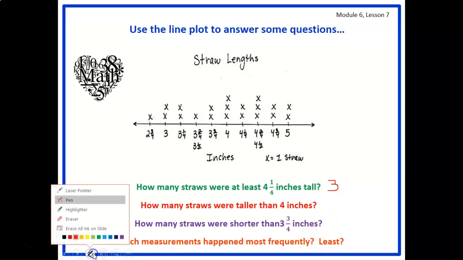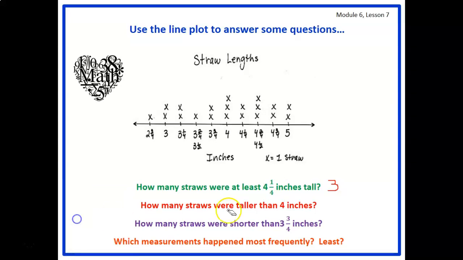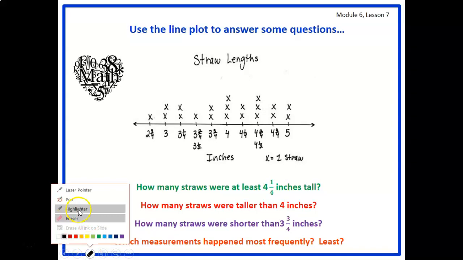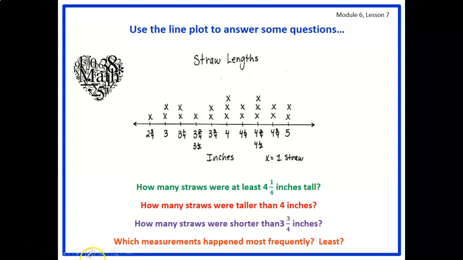Looky. I'm good at that, aren't I? Take my eraser. Get my pen back. 4 1/4. So we got to come over here to 4 1/4. There's 1, 2. 2 straws.